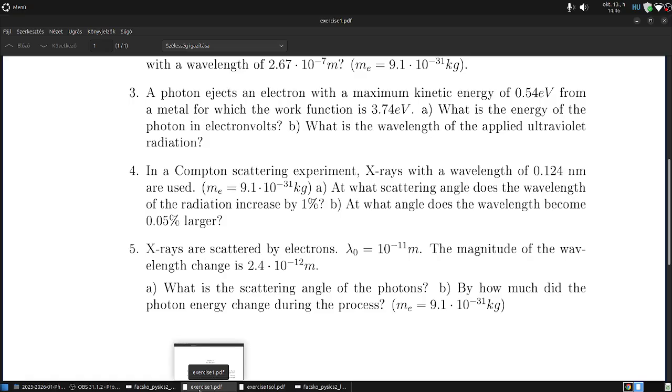So what angle gives one person a longer wavelength?